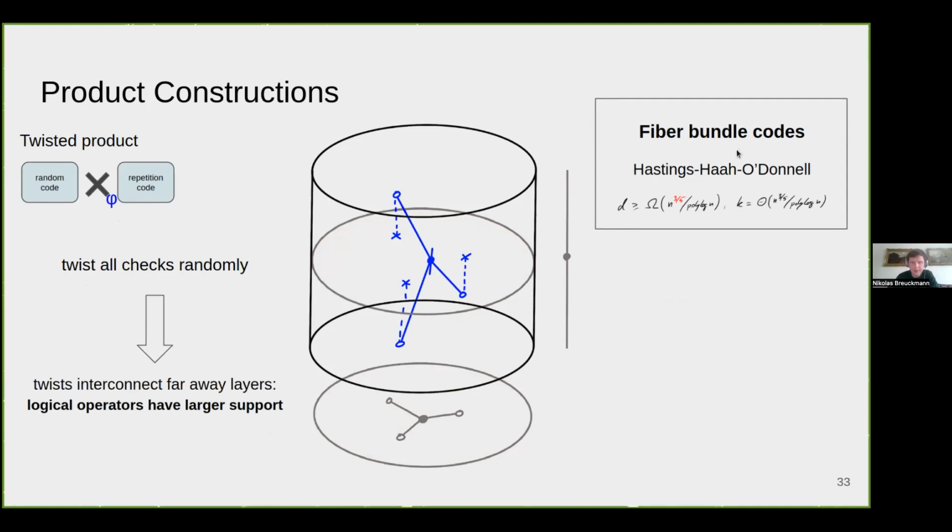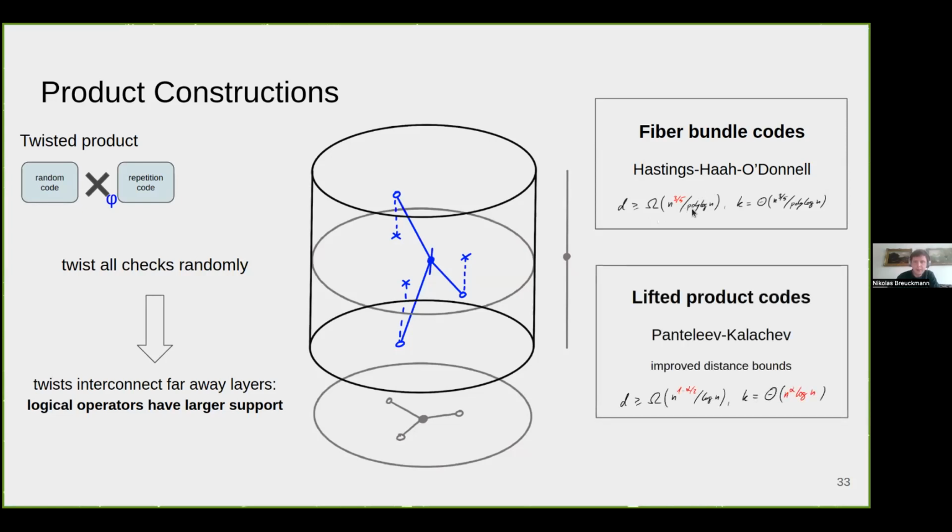I won't go into that notation, since we will see later this actually is dissolved in a different construction. But the distance scaling that they obtain is n to the 3/5 up to some polylogs. So this is much better than polylog n times square root of n scaling.